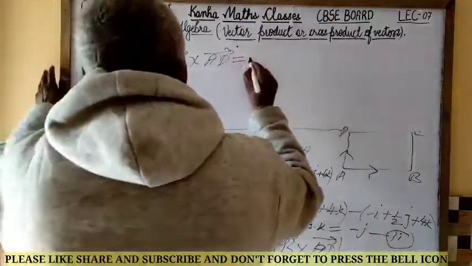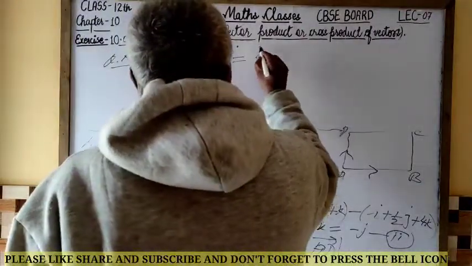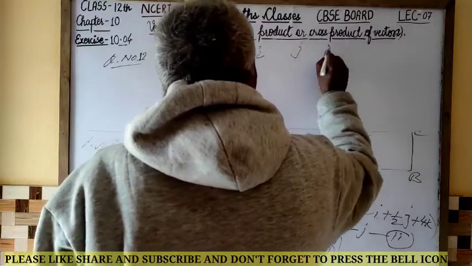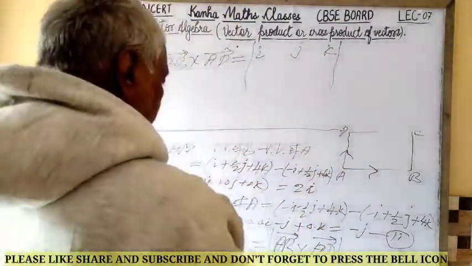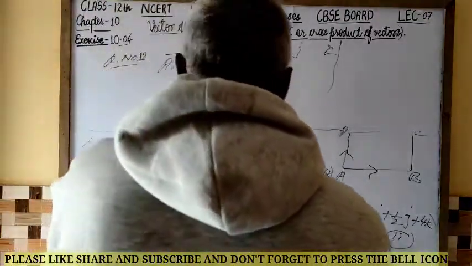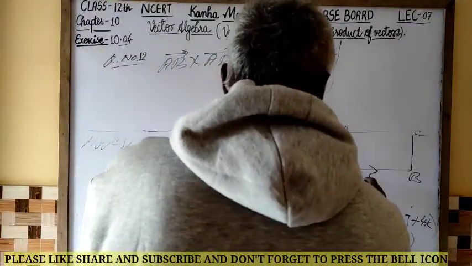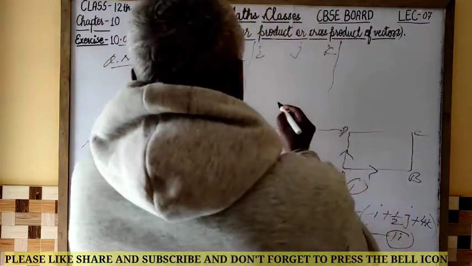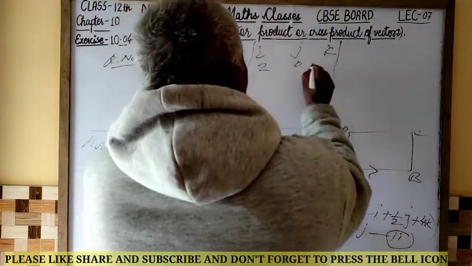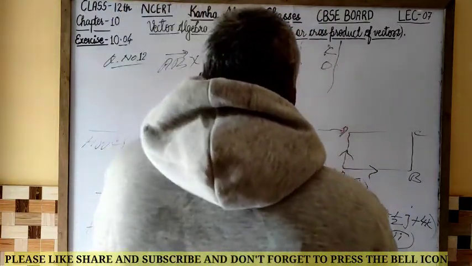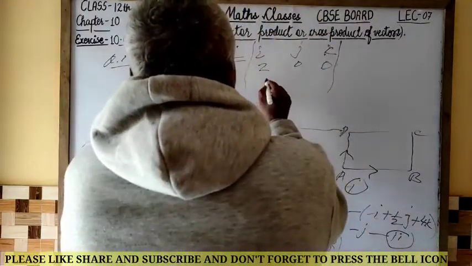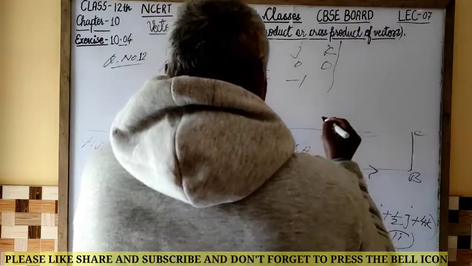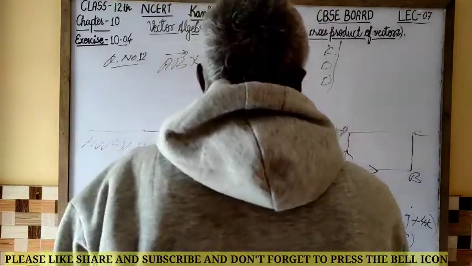is equal to the determinant with rows i, j, k; the coefficients of AB are 2, 0, 0; and the coefficients of AD are 0, minus 1, 0.